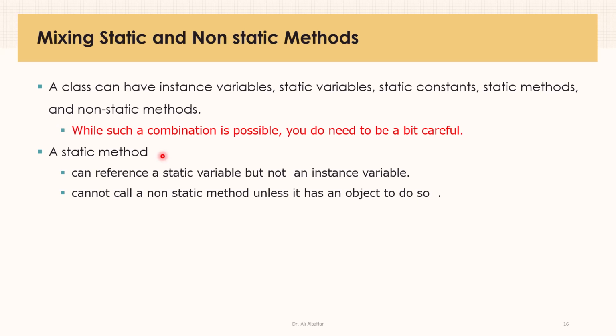This is why a static method can reference a static variable, but not an instance variable. Why not an instance variable? Because we cannot guarantee that this instance variable exists at the moment of calling the static method. Also, it cannot call a non-static method unless it has an object to do so.